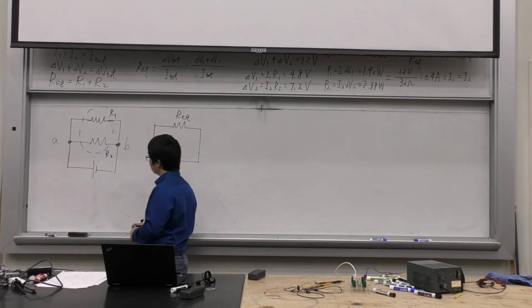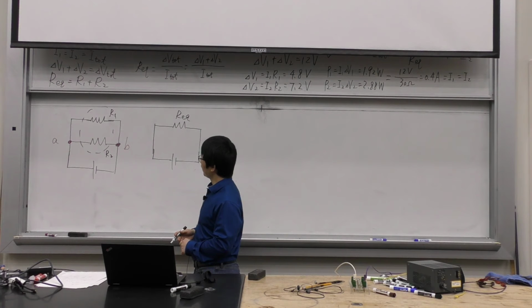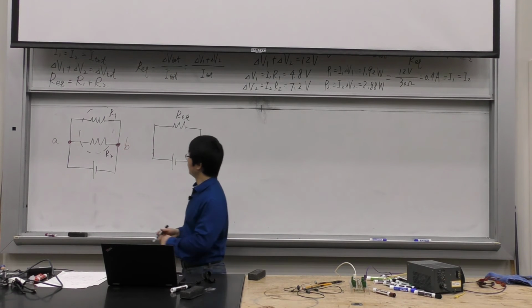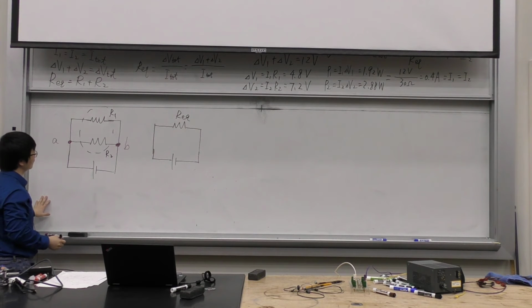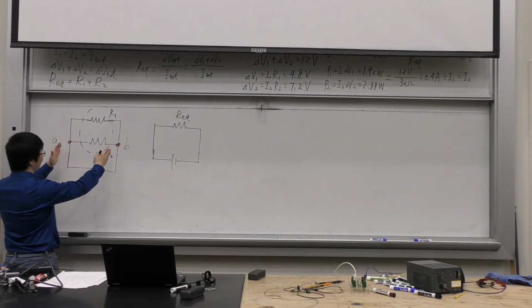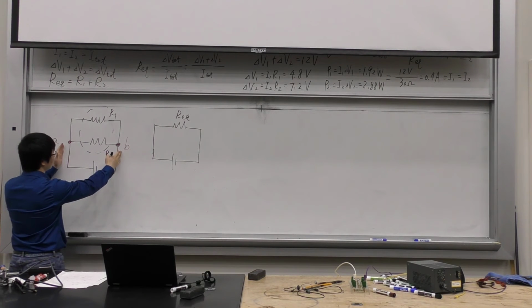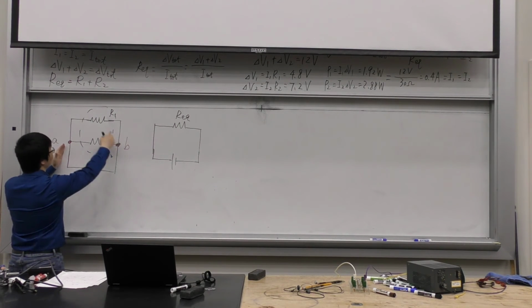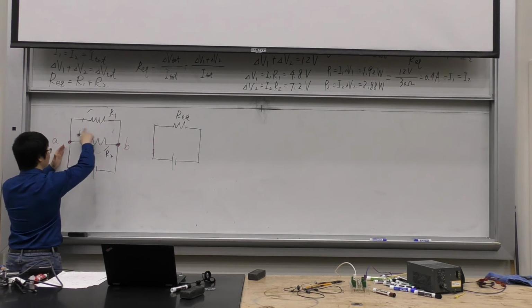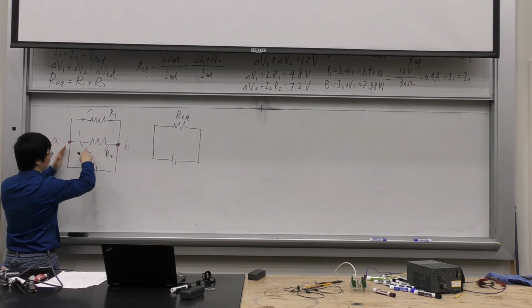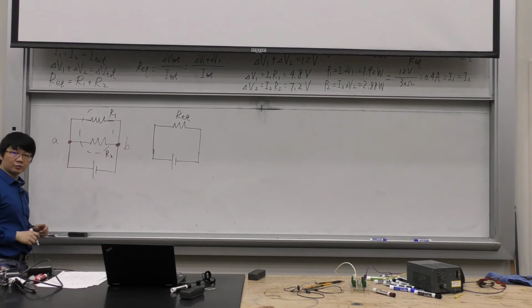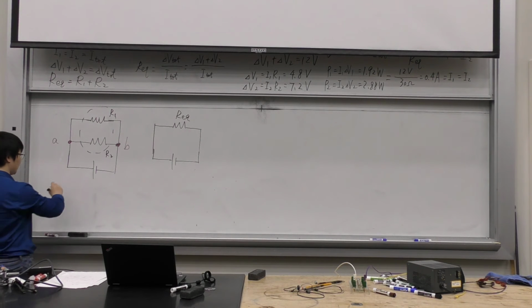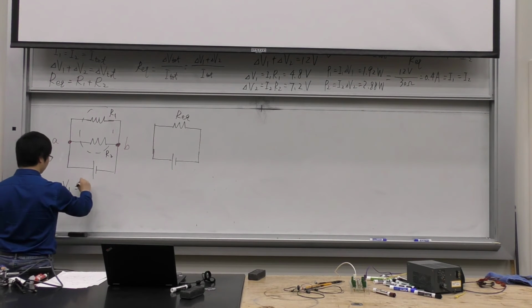Now remember what we figured out for capacitors, right? If any two elements are connected to the same two points, they will have the same voltage because they get the same potential difference between these two points. The voltage of this R1 is the potential difference between A and B. The voltage of this R2 is the potential difference between A and B. So of course they will have the same voltage.